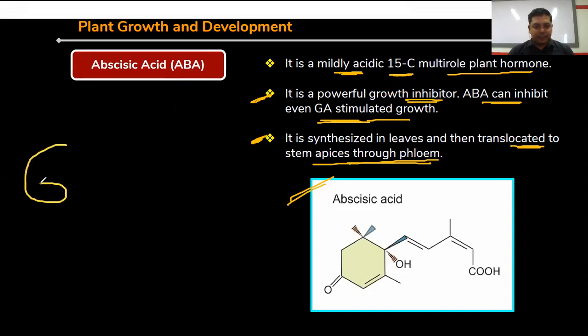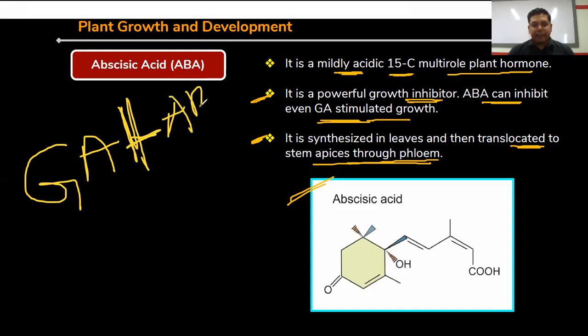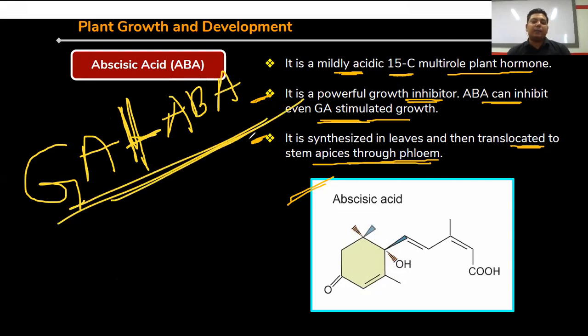For example, seed dormancy. Seed dormancy is broken by gibberellic acid, and this seed dormancy is maintained by ABA. So these are two opposite functions performed by two opposite plant hormones. So GA and ABA are antagonistic to each other.